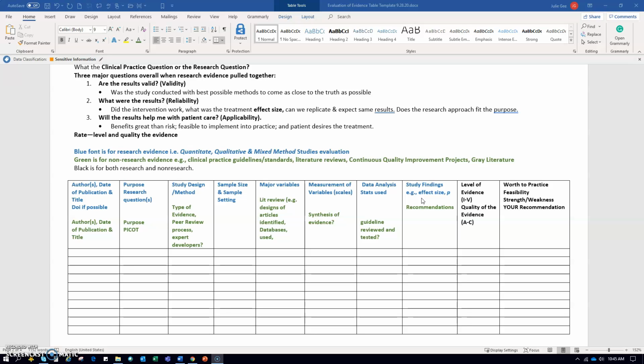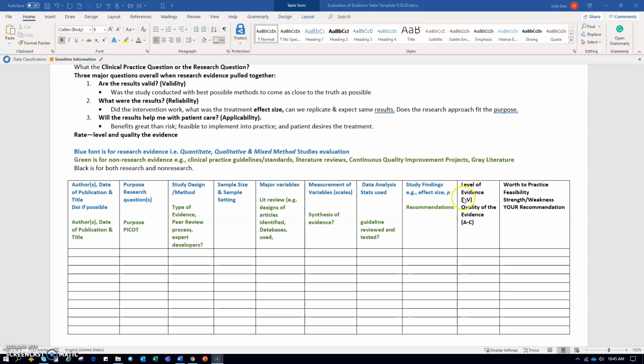Here, use abbreviations as much as possible, but you really want to talk about effect size and the p-value. And the biggest thing with data analysis and study findings, again, is whether the tests utilized and analysis were appropriate for the study findings. With non-research data, we really want to look at recommendations as well, because you didn't, of course, do the statistical analyses.